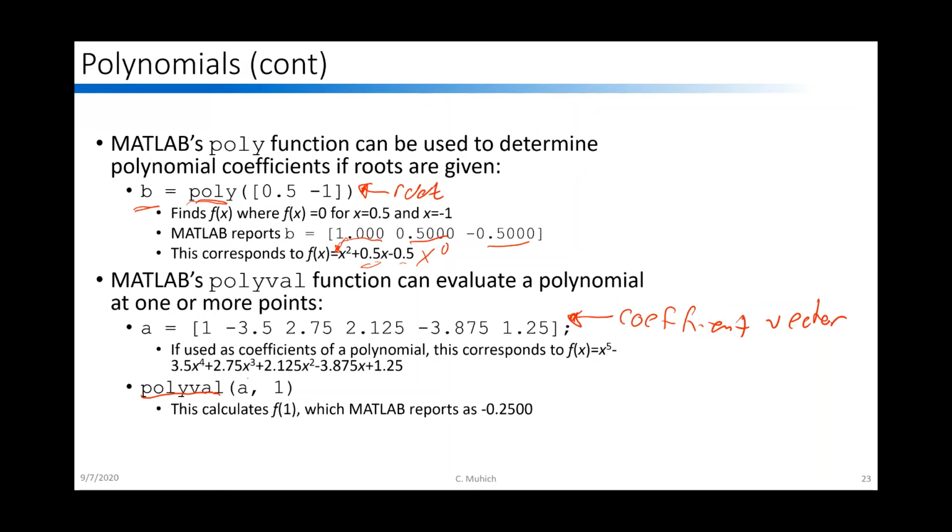So in this example, a is that vector of polynomial coefficients, and 1 is the x that we're interested in. And in this case, we would get back out of MATLAB negative 0.25.